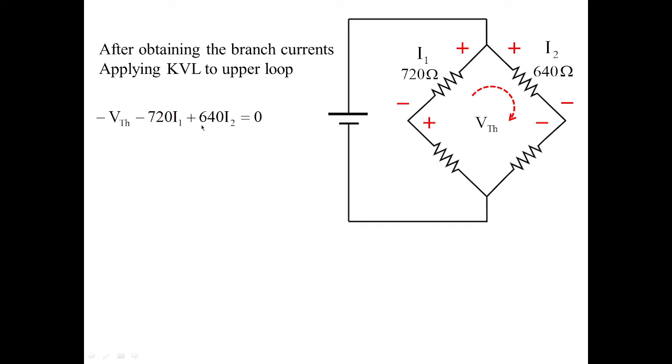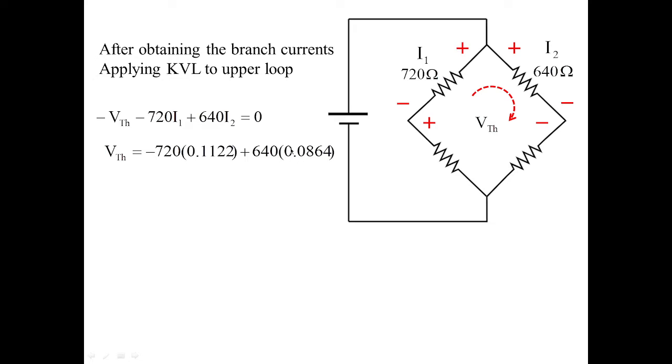We have applied the KVL on the upper loop and we got the value of V Thevenin's, which is equal to minus 720 I1 plus 640 I2. And what is the value of I1? Just now we have seen the value of I1 which was obtained as 0.1122 amperes. So multiplying with this resistance, I'm going to get the drop over here. Similarly, as I got the value of current I2, I'll get the voltage drop across 640 ohms as 640 into I2.